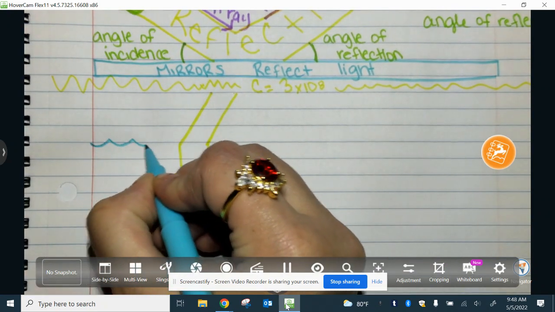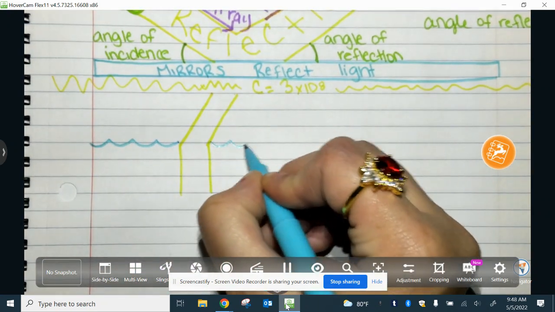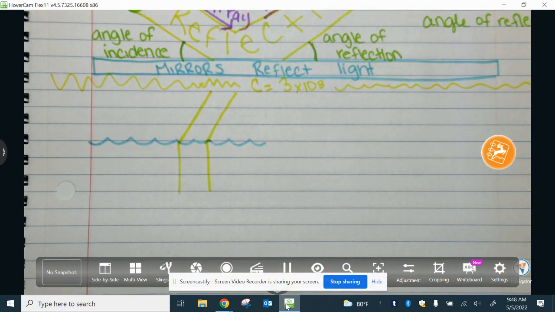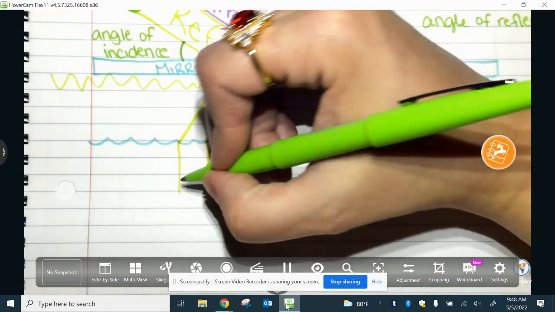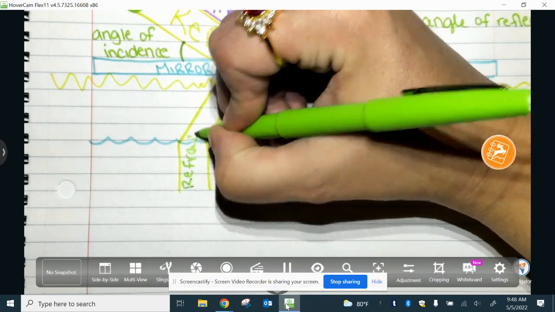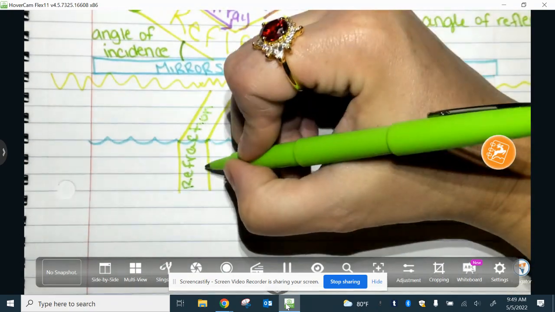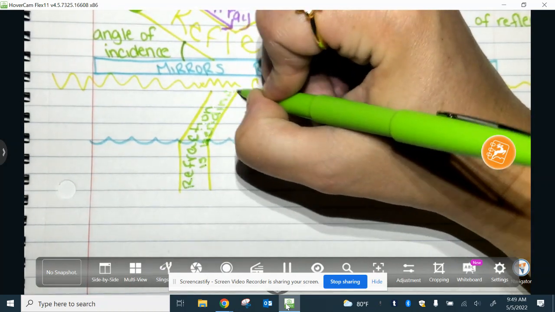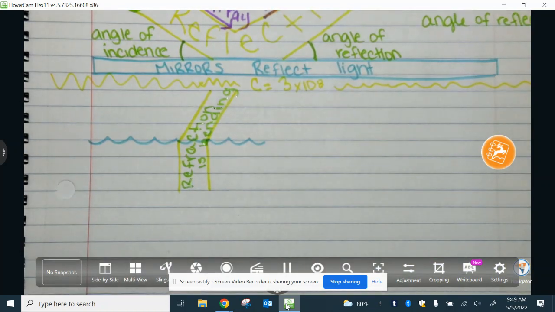So in this case, it's hitting water. Refraction is bending of that light ray.